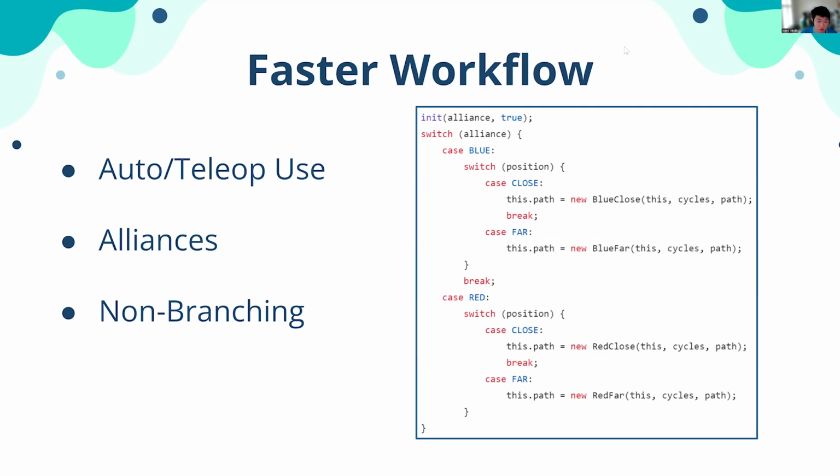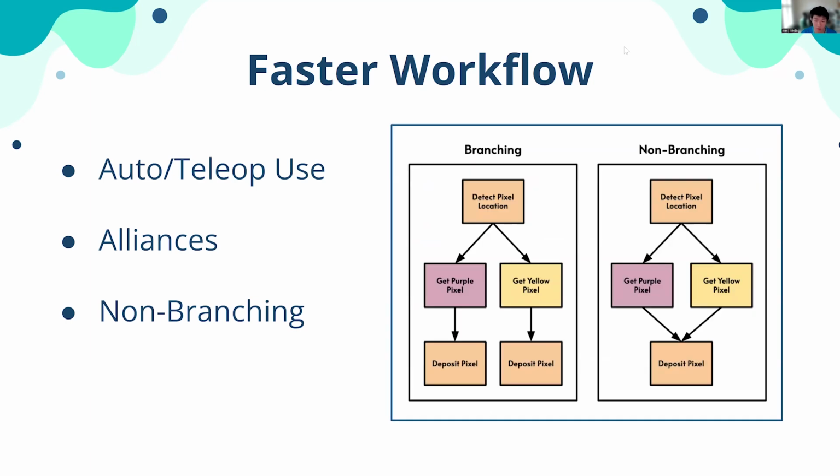Finally, we also want to reduce branching in our code, and that means after you make a decision in your code, such as getting a purple pixel versus getting a yellow pixel, if there's an action that we want to take after that decision, and that is the same for either choice, we want both those options to point back to that final action, which is depositing the pixel.